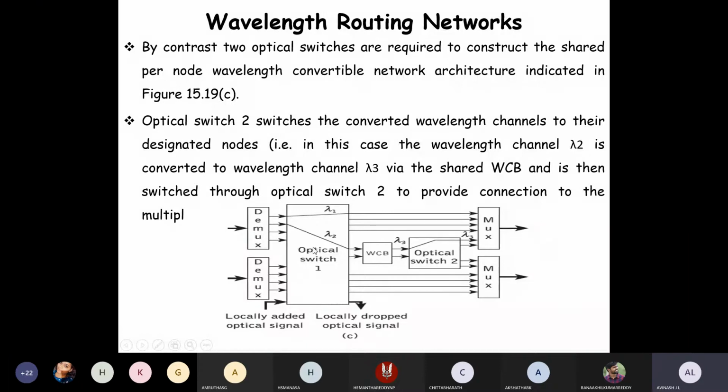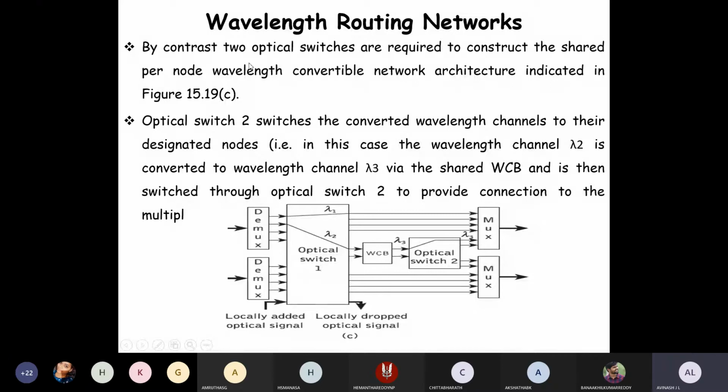Here an optical switch is also available, and there is a wavelength converter bank also available. Once we do the wavelength conversion, suppose you want to do any optical switching after the wavelength conversion, that is also available. So there is another optical switch included here.